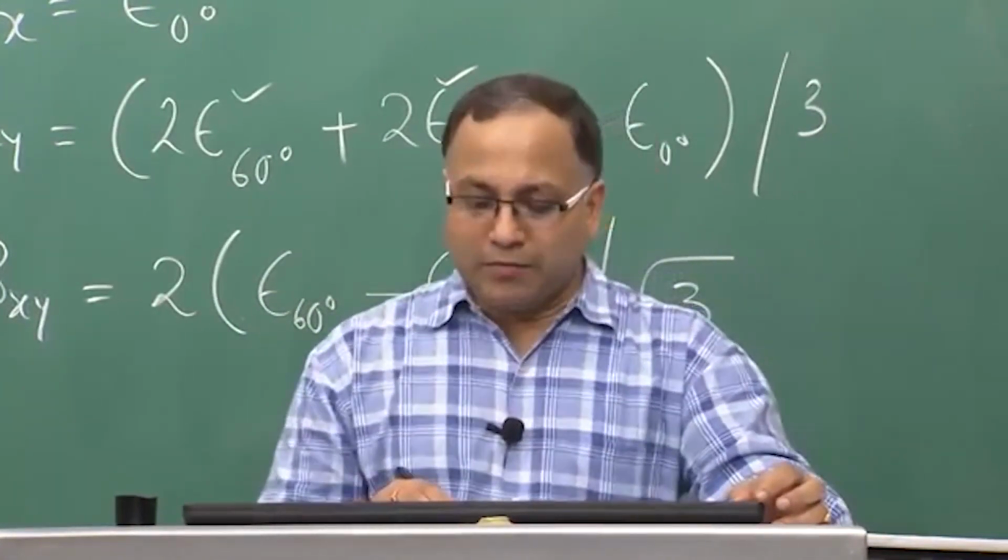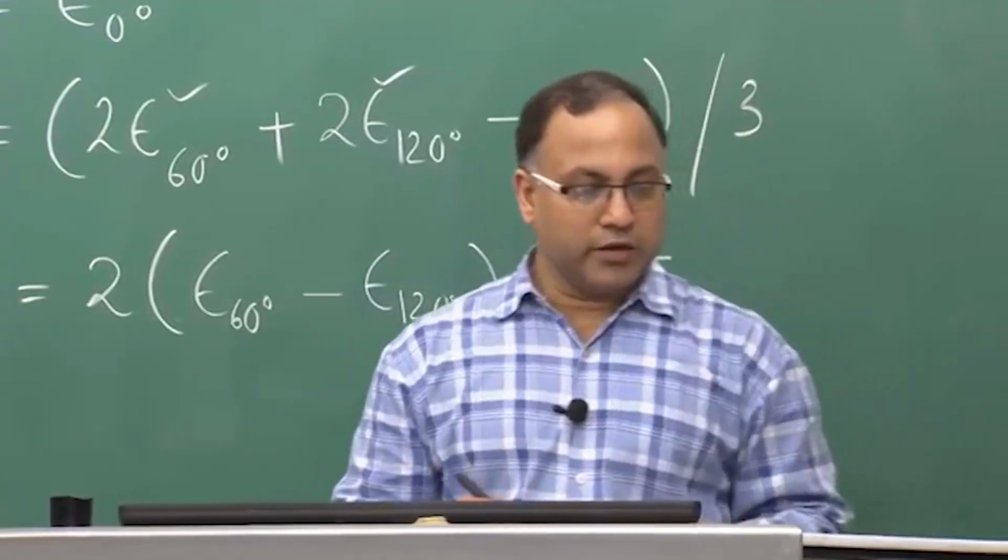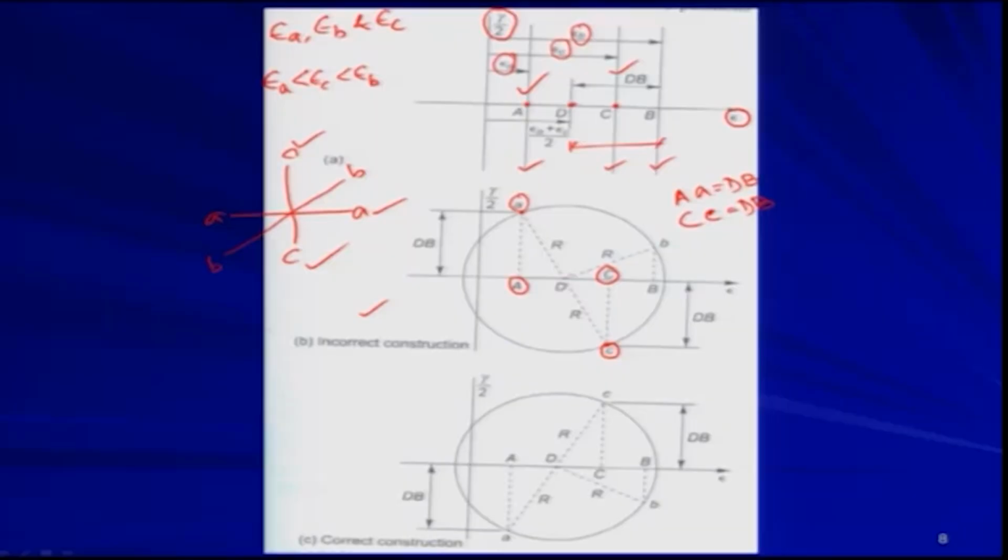After that, considering AC as the diameter, and D as the center, you complete the Mohr circle. So, this is your Mohr circle.